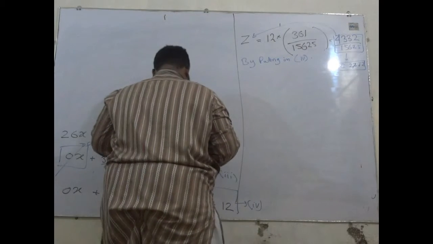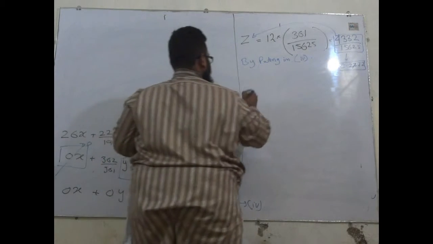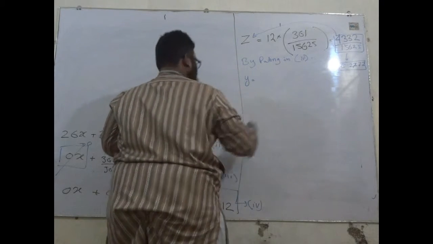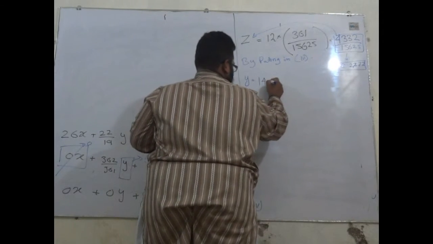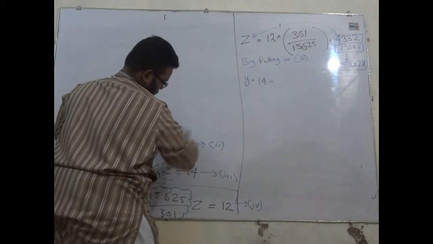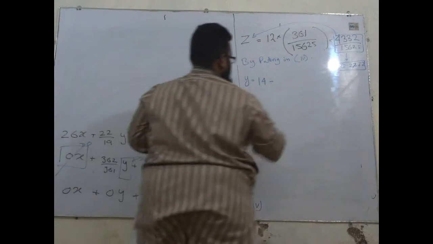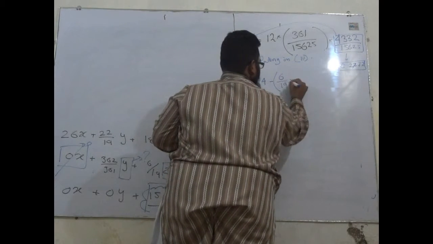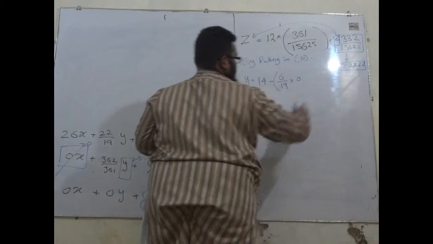We get, therefore y will become, y is equal to 14 minus, I bring this value over here, which is 6 over 19 into 0. I find the values of z.